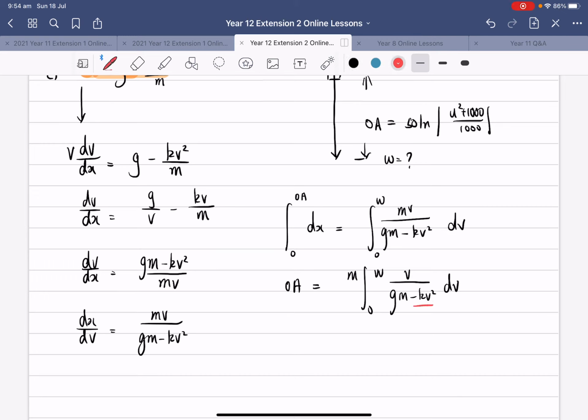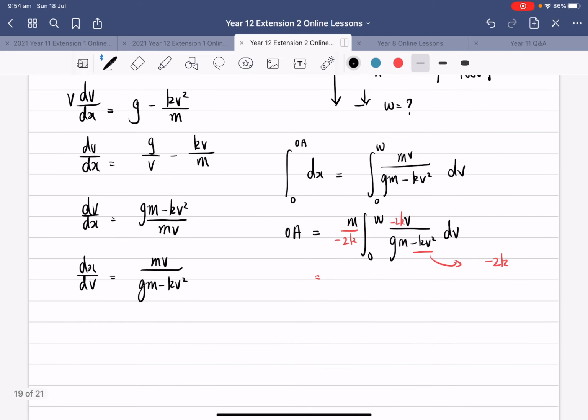The derivative of the denominator is negative 2k, so I need to have negative 2k here, and outside I need to have a negative 2k as well. Once this is done, the next step is to integrate. So that's minus m over 2k ln of gm minus kv squared, integrating from 0 to w.